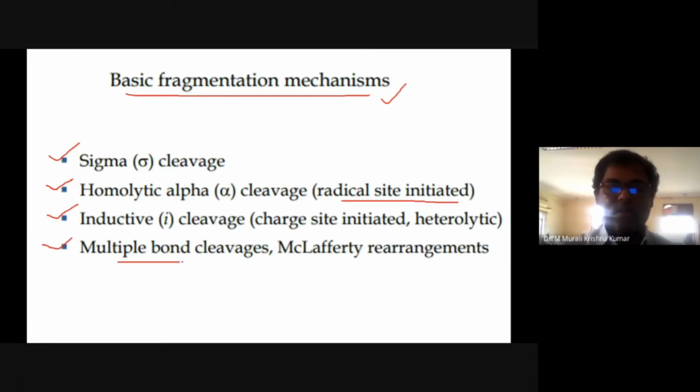The fourth is multiple bond cleavages, like McLafferty rearrangement or Diels-Alder type reactions. One by one we will see examples. Please pay attention, because these are rules for understanding how fragmentation happens. If you understand this clearly, it will be easy to deduce the mass fragment pattern for any unknown organic compound.